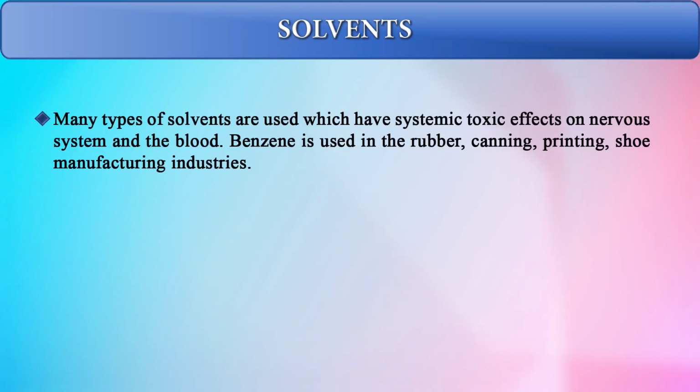Solvents. Many types of solvents are used in the industrial processes, and they have systemic toxic effects on the nervous system and also in the blood. Benzene, for example, is used in the rubber industry, in the canning industry, in printing, and in the shoe manufacturing industries.